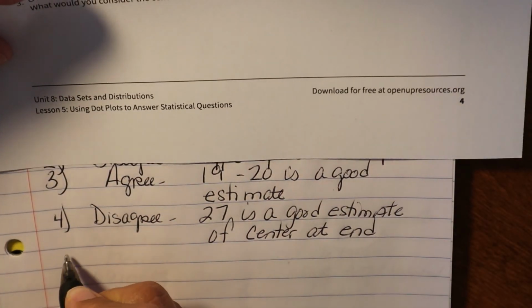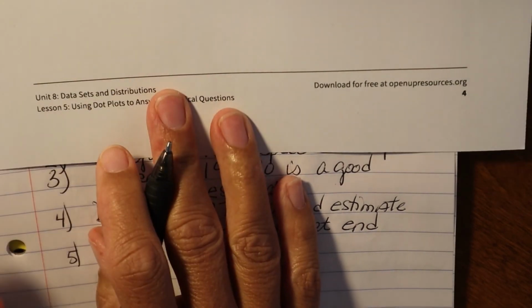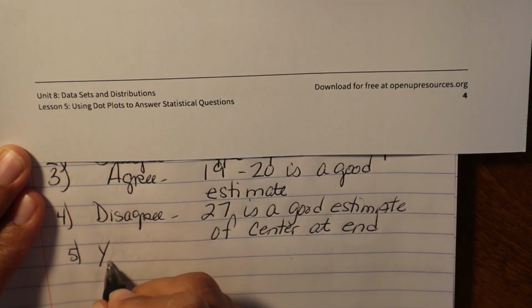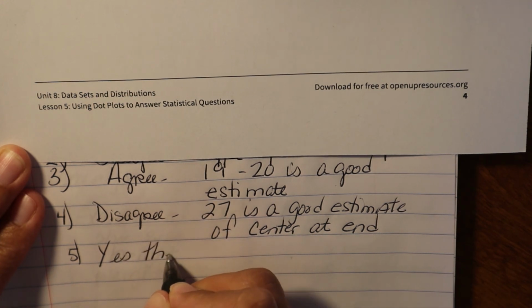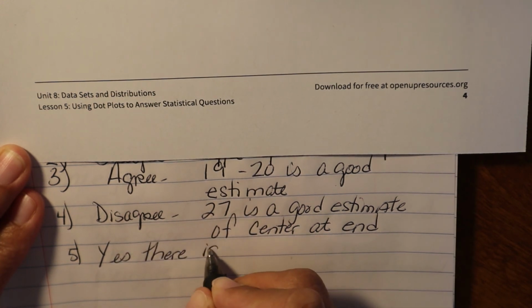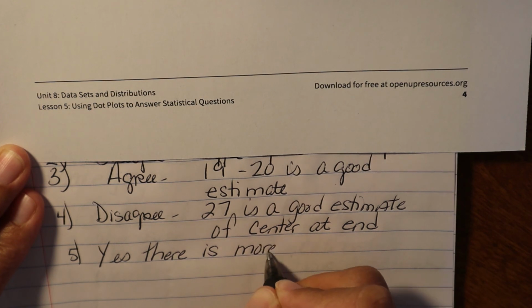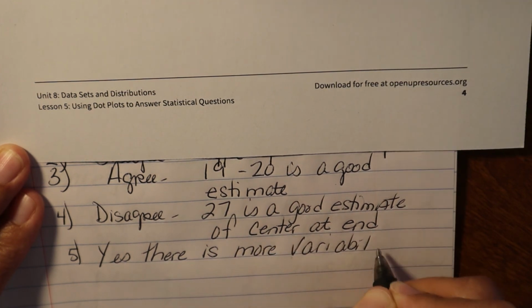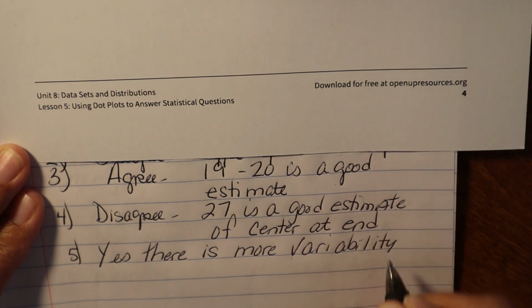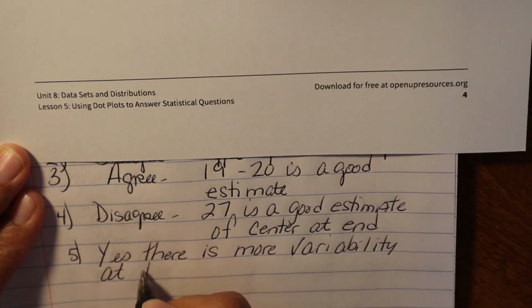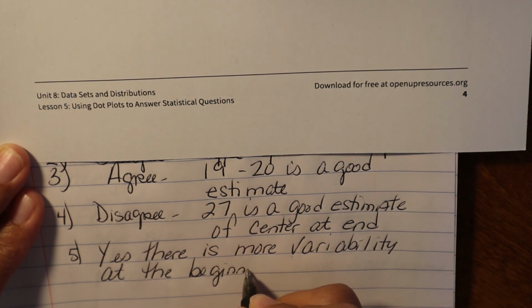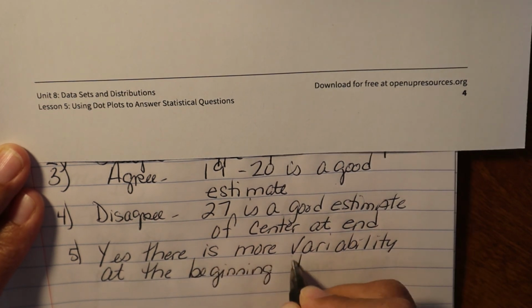So our answer to number 5, guys, is yes, there is more variability at the beginning than the end.